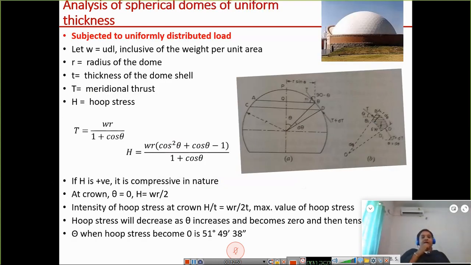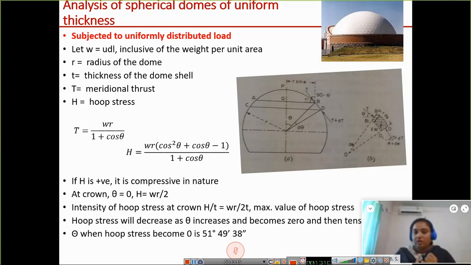So now coming to the analysis, the detailed analysis is available in the textbook. So I'm not going into detail about the analysis, but we will put emphasis on the design. We'll have two categories of domes. One is the spherical dome, second is the conical dome.